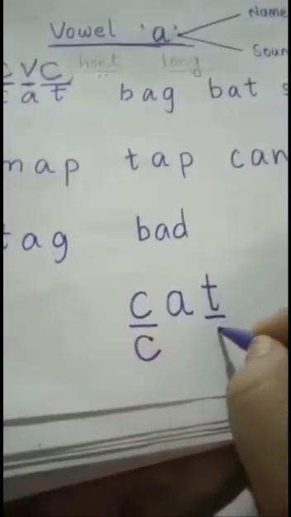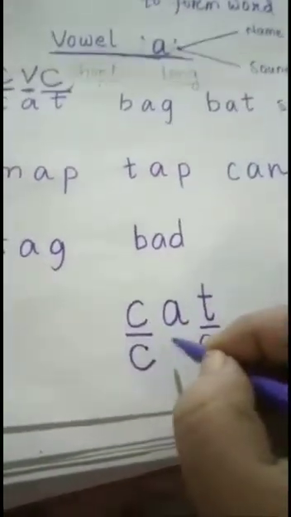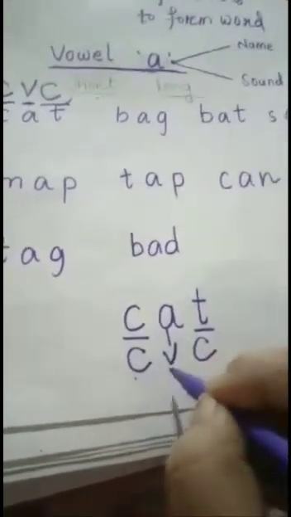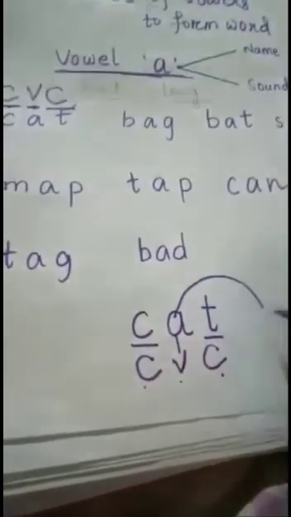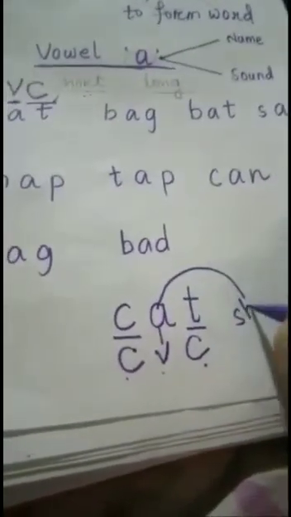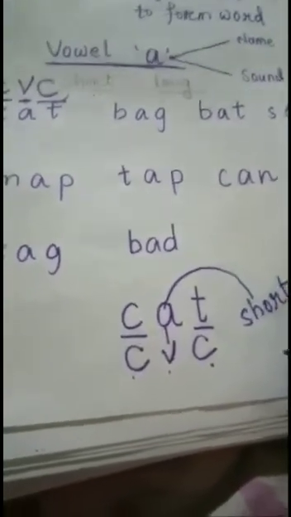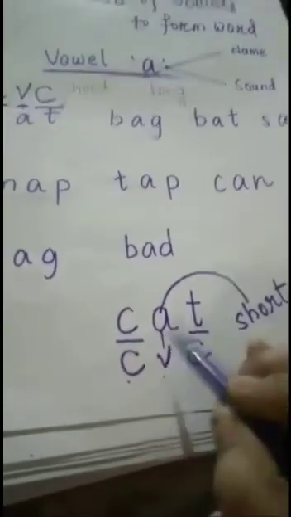And A is a vowel. So this is C, V, C setting. And here the sound of A is the short sound, like a.